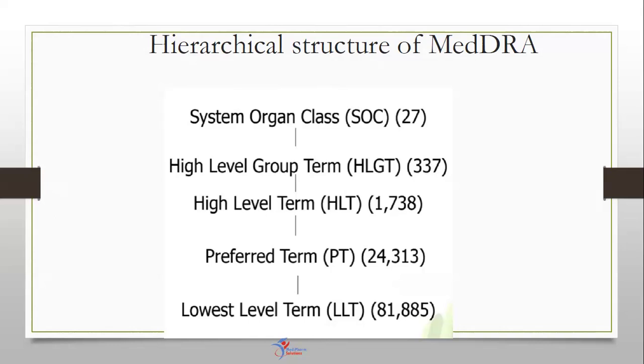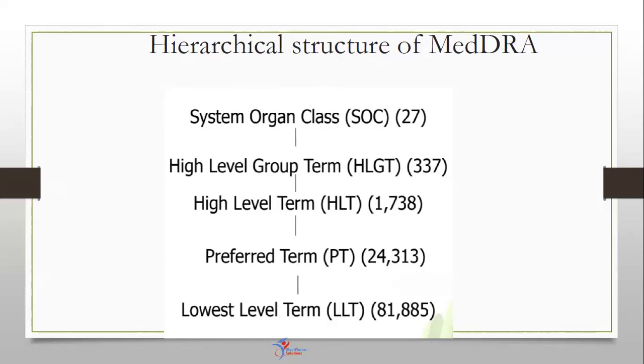How you are going to code it is, there will be an event tab in Argus. There you will write the verbatim, and you just click near that MedDRA dictionary. So it will take you to the LLT, PT, HLT, HLGT, and SOC.